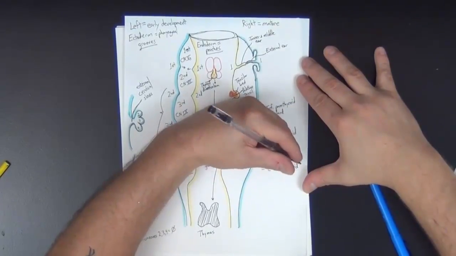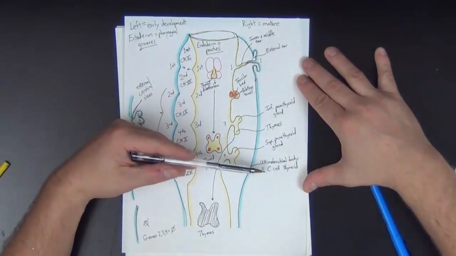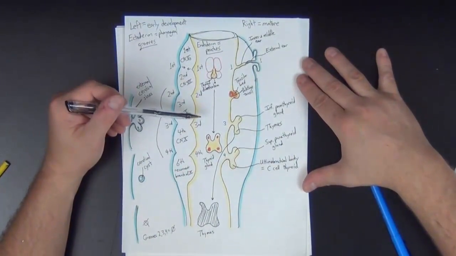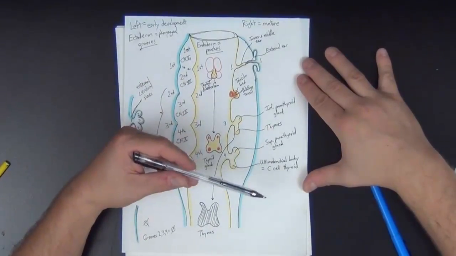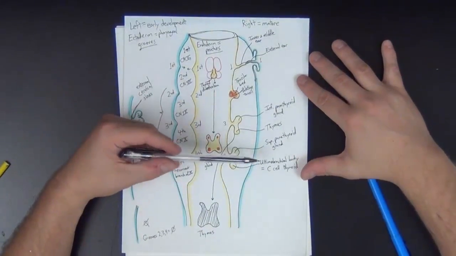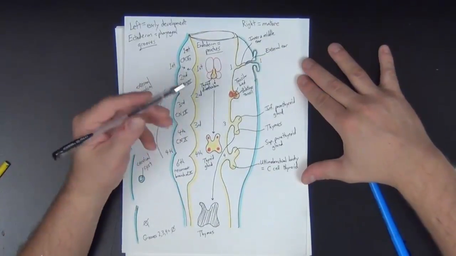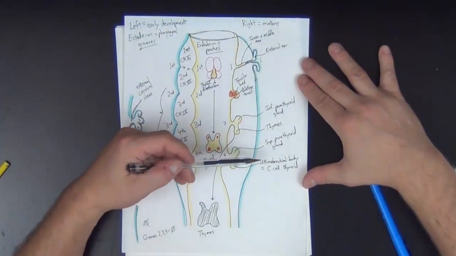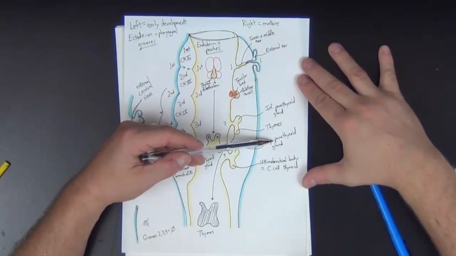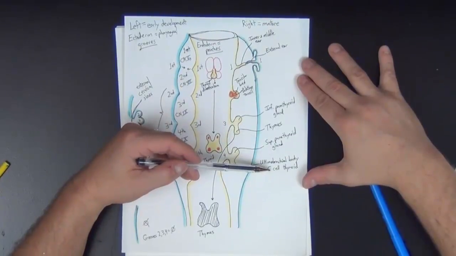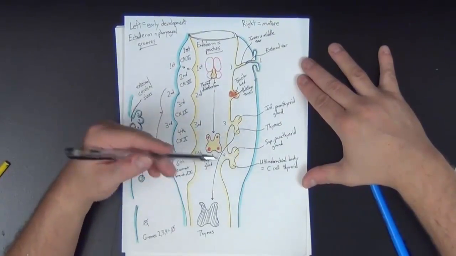And these guys produce calcitonin, and they lower your blood calcium by creating more bone, signaling osteoblasts to lay down more bone. There's more to it than that, but short story is parathyroid hormone increases blood calcium, and then the C cells produce calcitonin that lowers blood calcium.